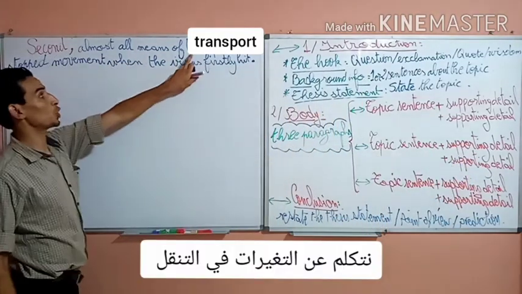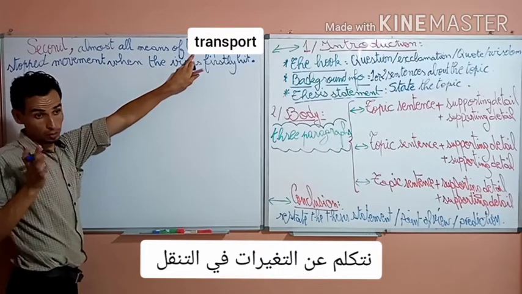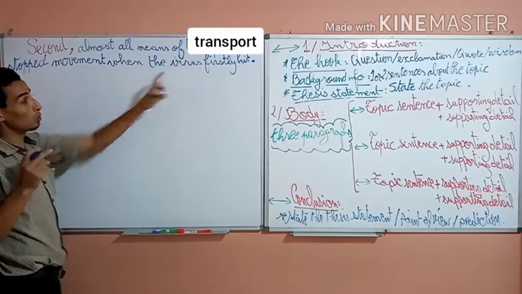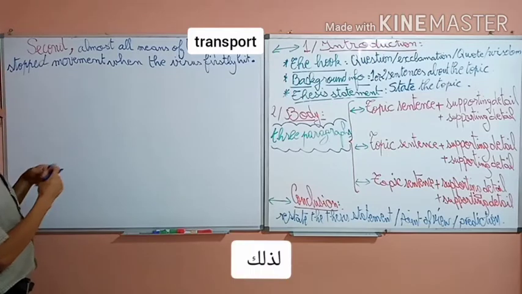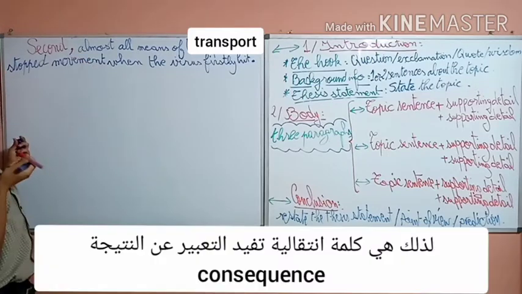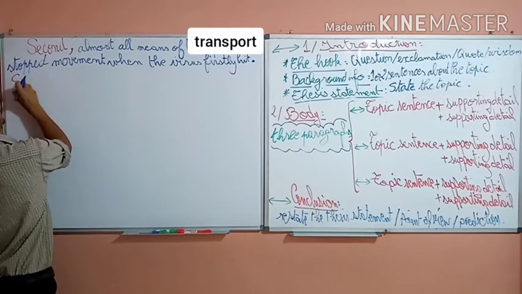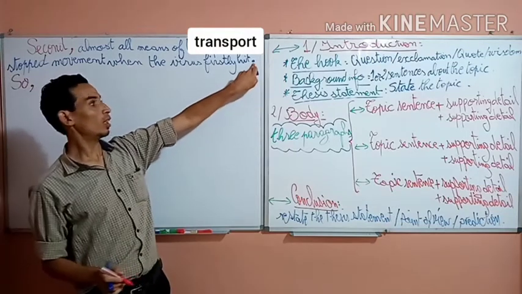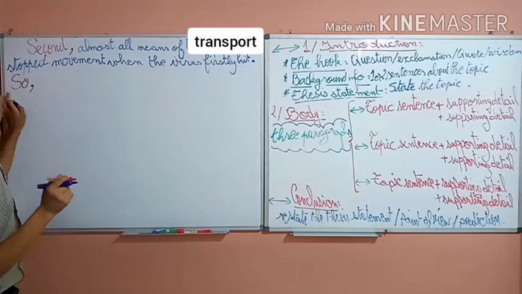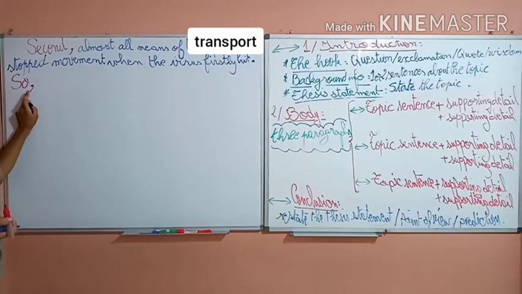We speak about transport changes. For example, how do we explain this? So we say, so, this is a transitional expression of consequence. Okay, we say, so, we put full stop. We start with capital letter. After so we put comma.